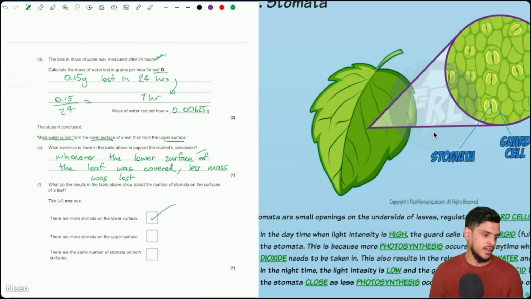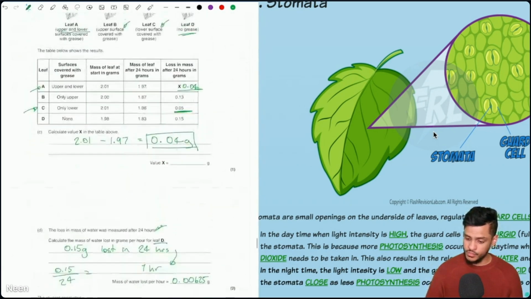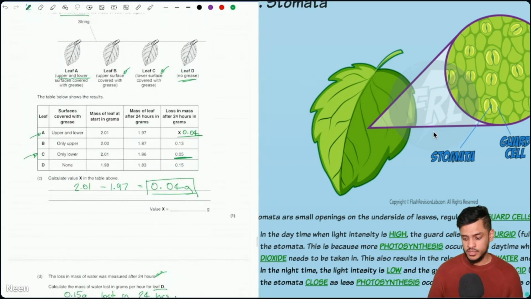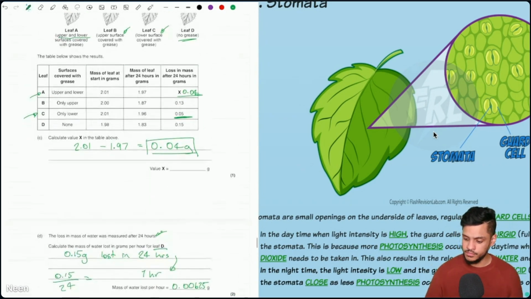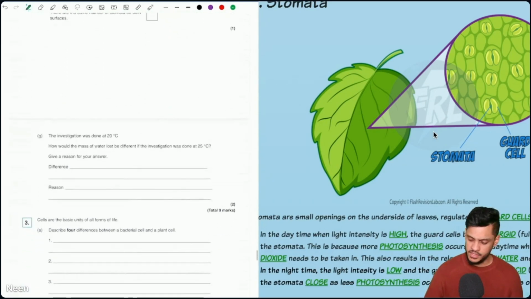It's bad for it if it loses too much water. So if it was at the top, then it'll get a lot of sunlight. It'll evaporate much more quickly. So there's more stomata at the bottom because that's in the shaded part of the leaf. So less water gets lost. And this proves it, because whenever the bottom one was covered, less water was lost. So that must mean there's more stomata at the bottom. Hope that makes sense. Let me know if it doesn't.